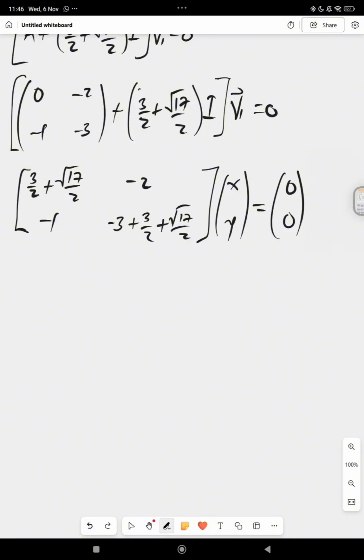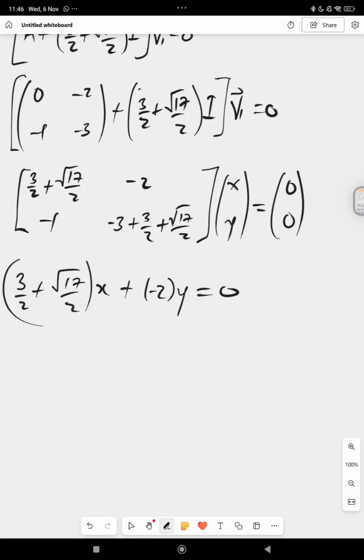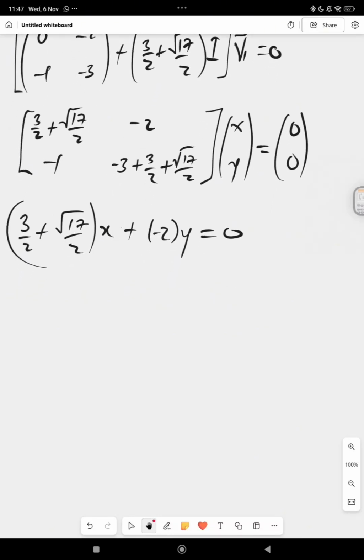So we have 3 over 2 plus the square root of 17 over 2 multiplying your x, plus minus 2 multiplying your y, is equal to 0. The first equation is all you need. We'll have 3 over 2 plus the square root of 17 over 2, multiplied by x, is equal to 2y.